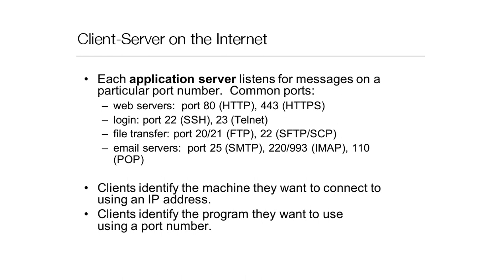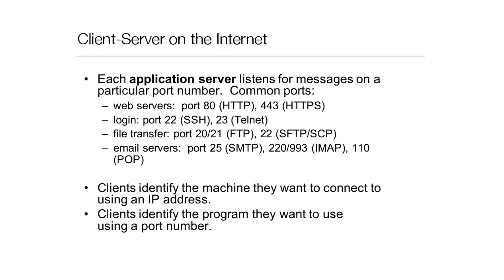For logging in, port 22 or 23. For file transfer, a different port. For emails, a different port likewise. And clients identify the machine they want to connect to using the IP address. That IP address is given in this internet layer.